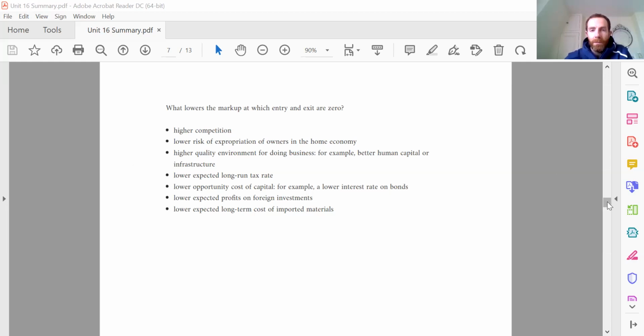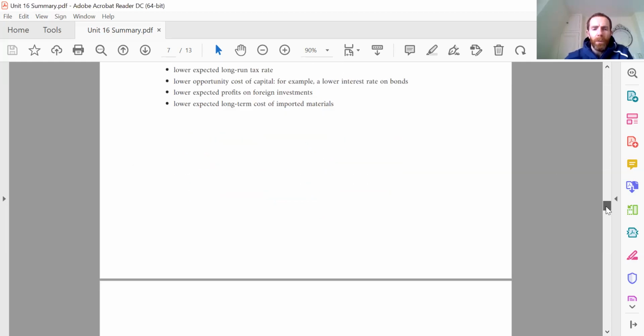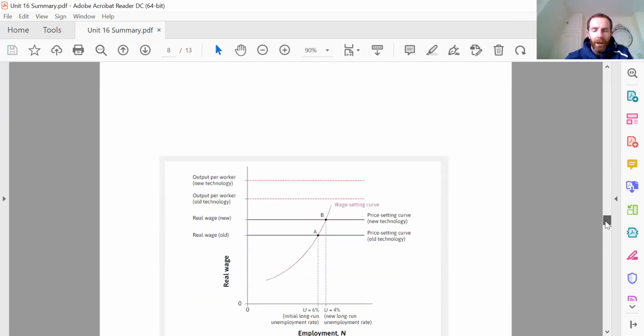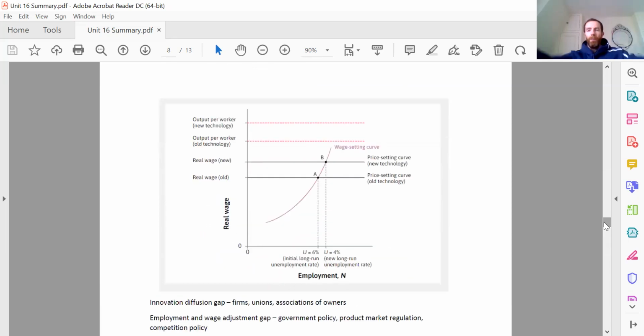So moving on from there, what we're now going to look at is the other thing that could have an impact on the labor market in the long run, and that is, what if there's some actual new technology? Why is this going to have an impact on the labor market?